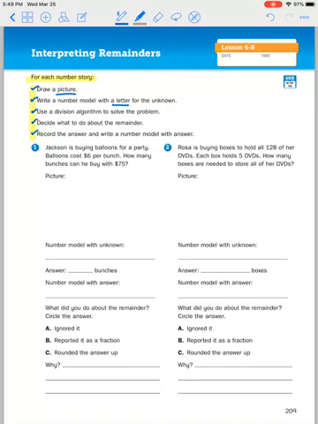Each bunch costs $6, and they want to know how many bunches he can buy with $75. So I'm going to do my number model with the unknown first. 75 divided by 6 equals B for bunches of balloons.